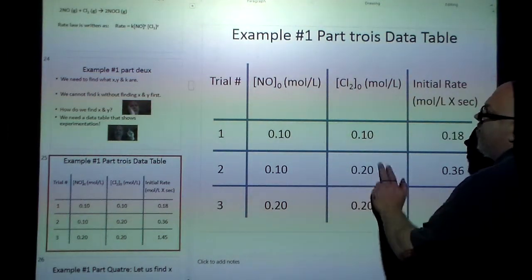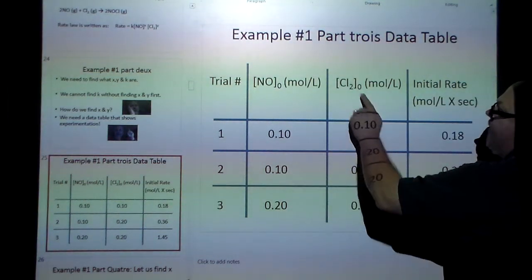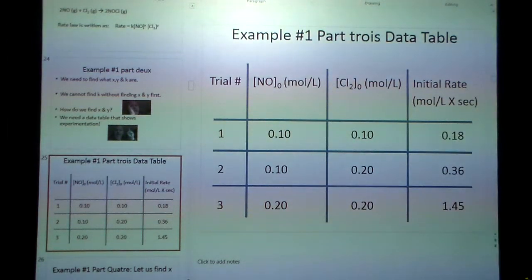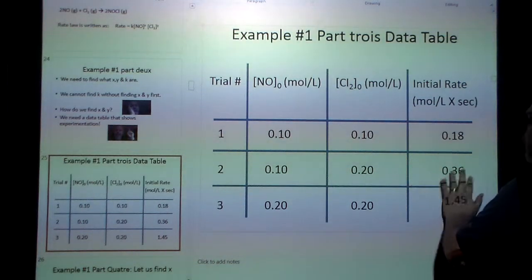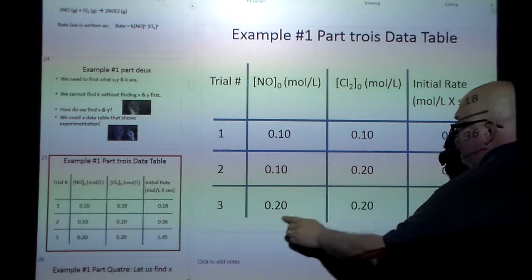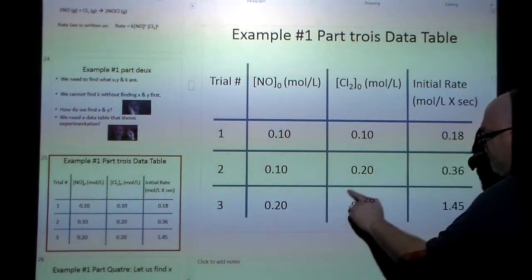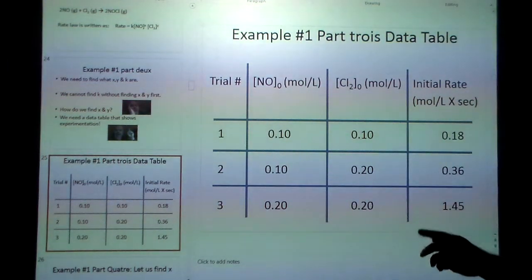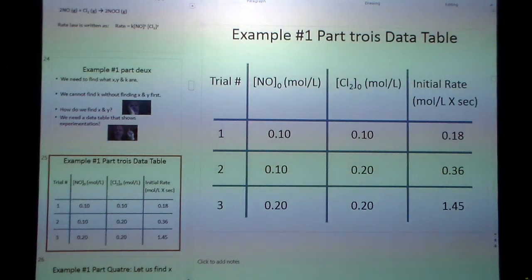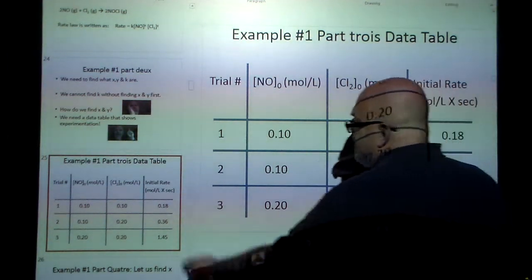We added a little more Cl2, and the little o's you're seeing refer to initial, what you initially started with. Our initial rate is 0.36. For trial number 3, we made the concentrations of the reactants equal, and then we got an initial rate of 1.45.